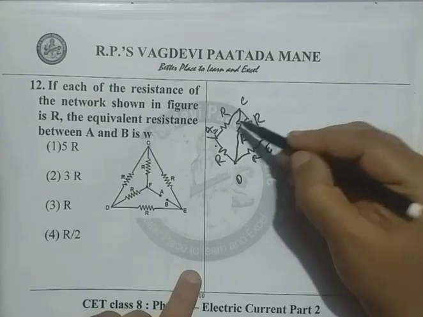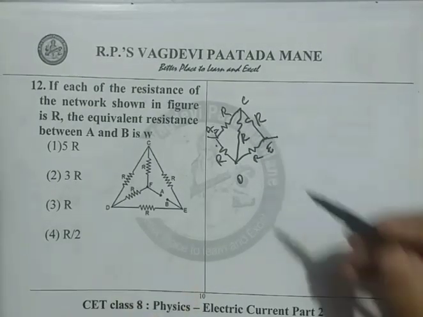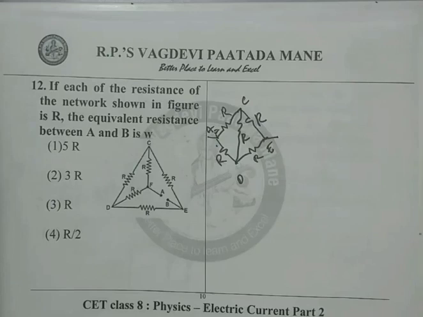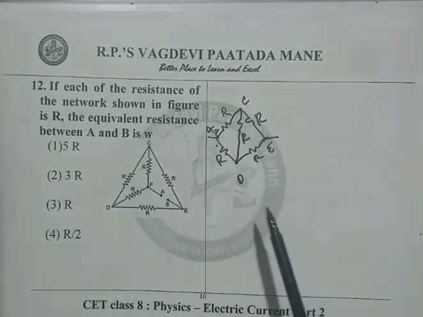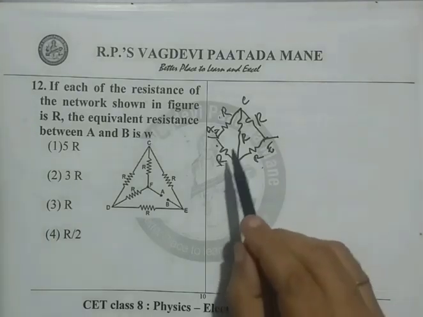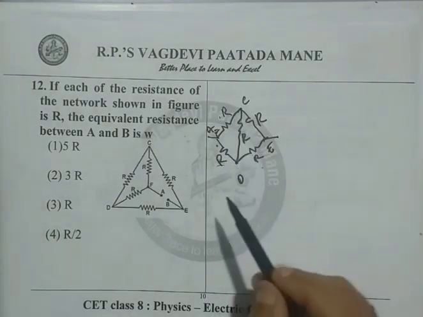Observe. Now we have a Wheatstone's network which is very well balanced. And also in a balanced network, we can use a short idea, a fast idea here. When all the arm resistances P, Q, R, S are all same, then effective resistance is equal to one of the arm resistances.